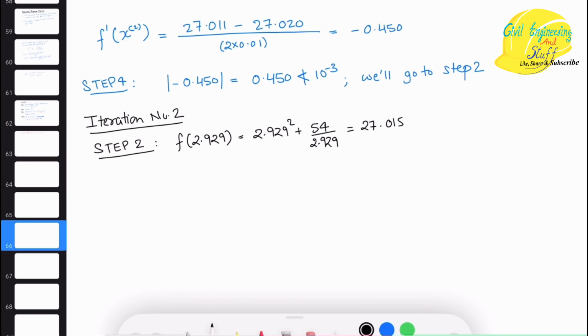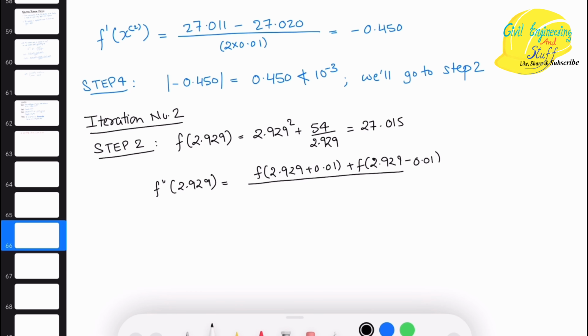The formula for the second derivative, f double dash of 2.929, is equal to f of 2.929 plus 0.01 plus f of 2.929 minus 0.01 minus twice f of 2.929, divided by delta x, let's make this, divided by 0.01 whole square.